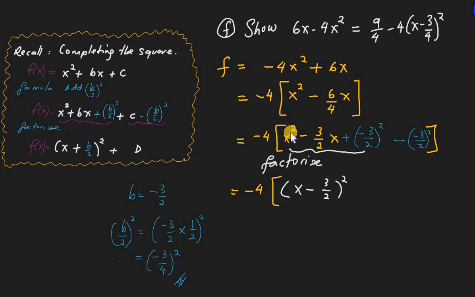You can check by expanding it back. X square minus, this is not 3 on 2, this is supposed to be 3 on 4 square. Check my work. Expand it back to make sure that it tallies.